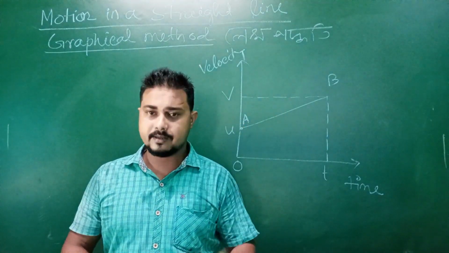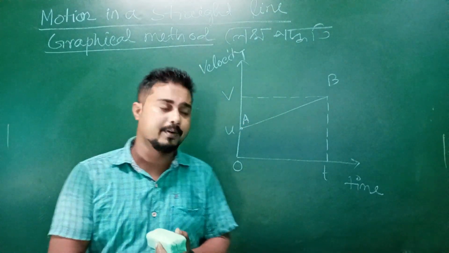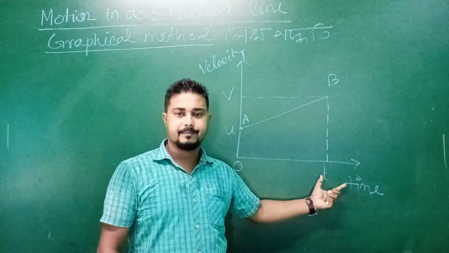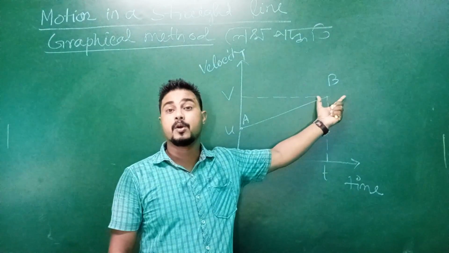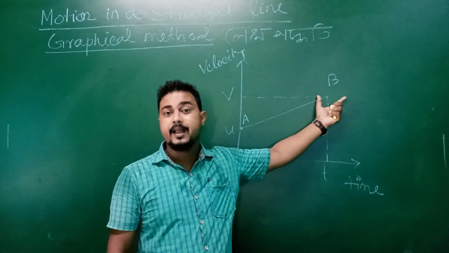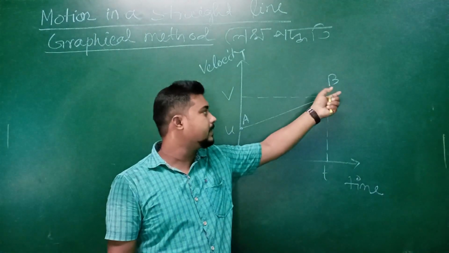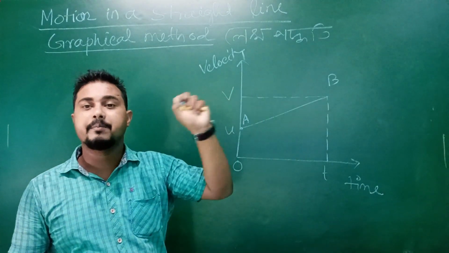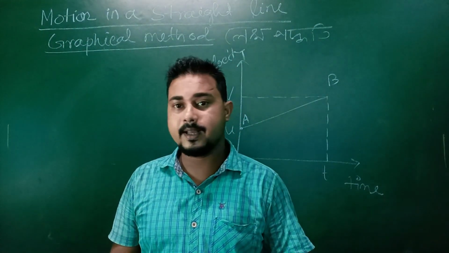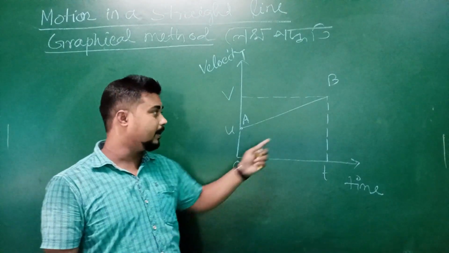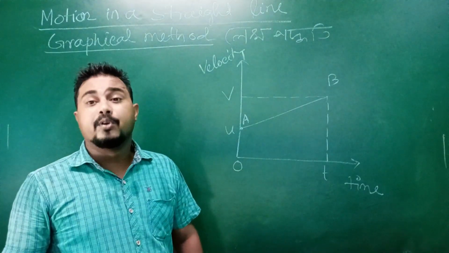Let the time be 0 second here. Okay, so after time t the body has reached the point B, and at the point B its velocity becomes v. Okay, alright, up to here.